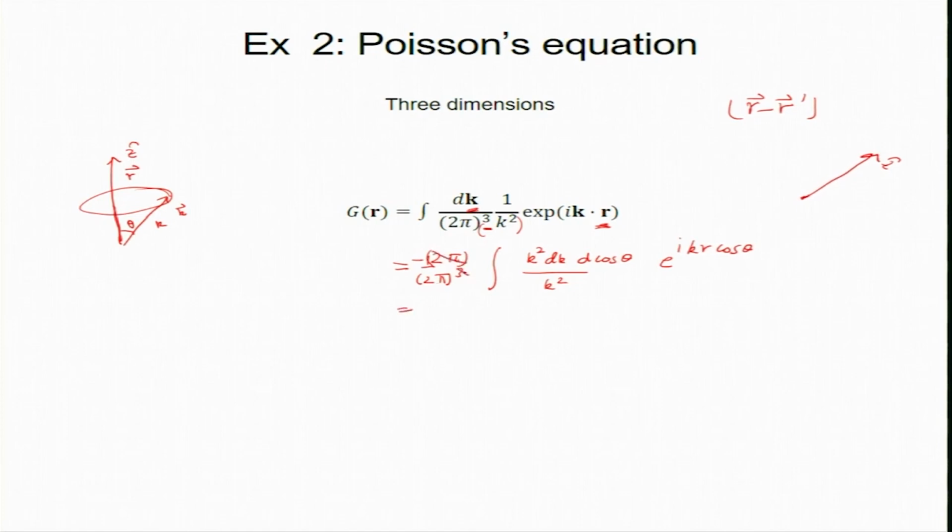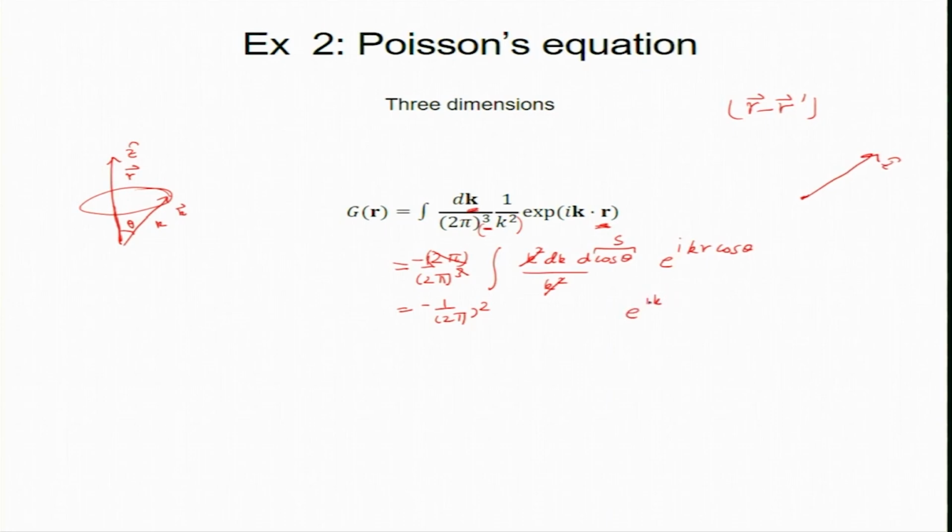So this cancels: 1 over 2 pi squared, minus sign, and k squared cancels. Now what is this integral? d cos theta e to the power i k r cos theta. We can call this variable s. So this will be e to the power i k r s, with s going from minus 1 to 1.